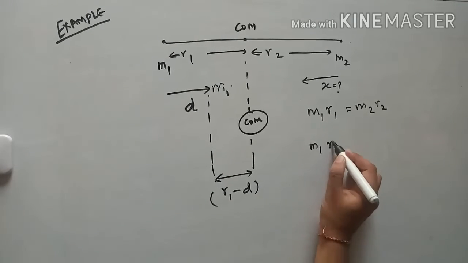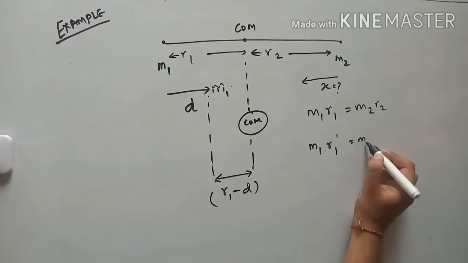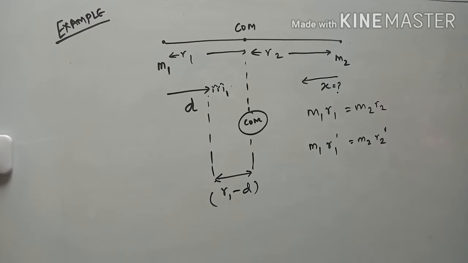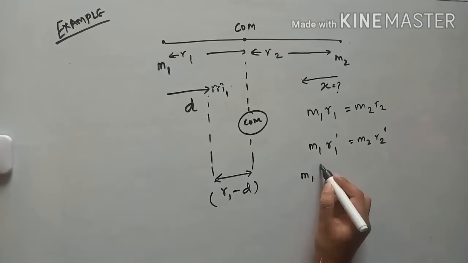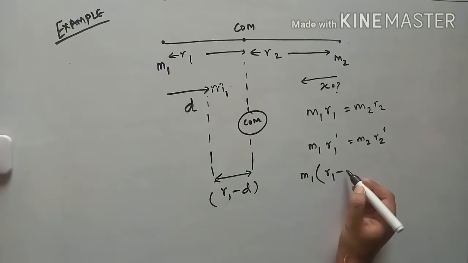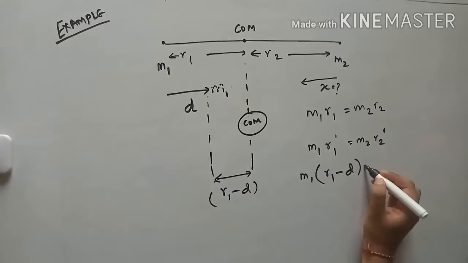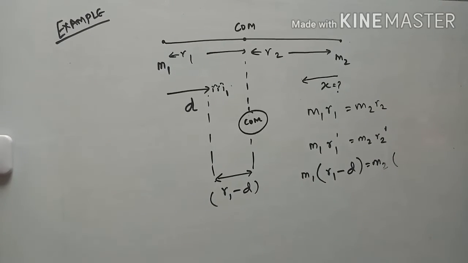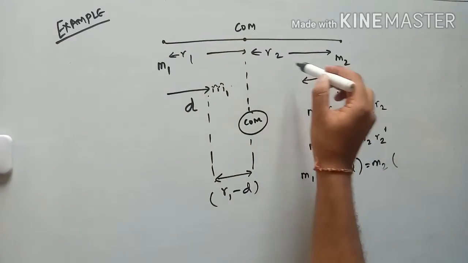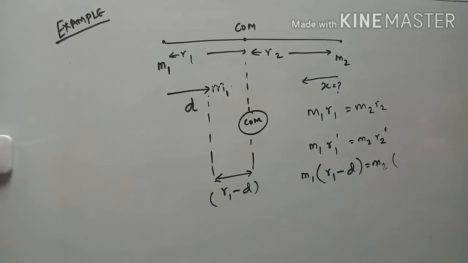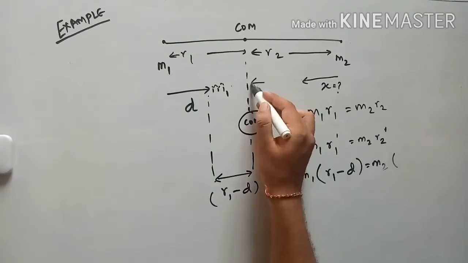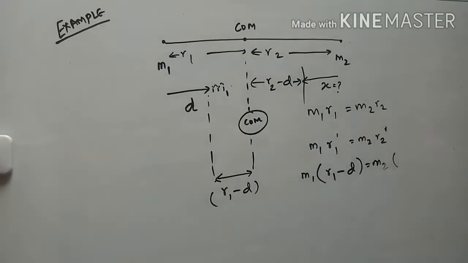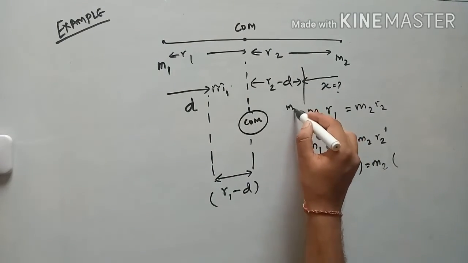So the new distance is r1 dash and this should be equal to m2 into r2 dash, right? So this is m1 into the new distance r1 dash, which is now r1 minus d, and friends, r2 dash is going to be r2 minus the new shift of mass m2, because m2 also has to be moved.